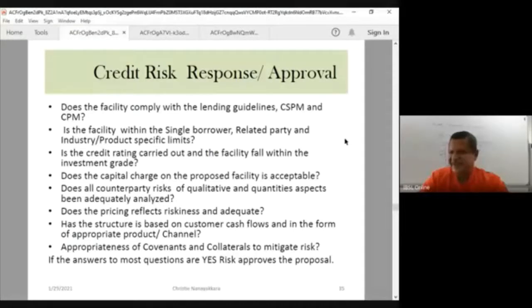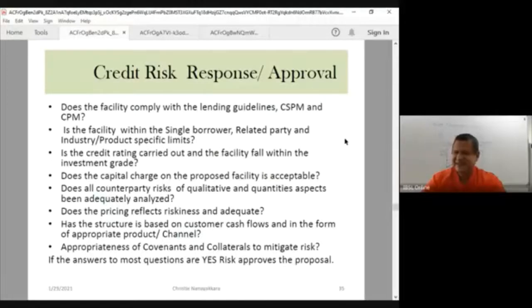Is the facility within the single borrower and related party limits, which I will come to? Is credit rating carried out and does the facility fall within investment grade? I told you facilities above 60 points will have B and above, and anything below B will be C. So if it is non-investment grade, the facility needs to be declined. Is the capital charge on the proposed facility acceptable? I told you about this earlier when I explained the credit process.